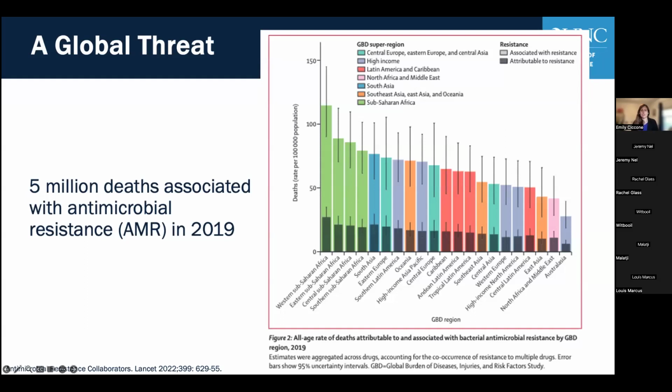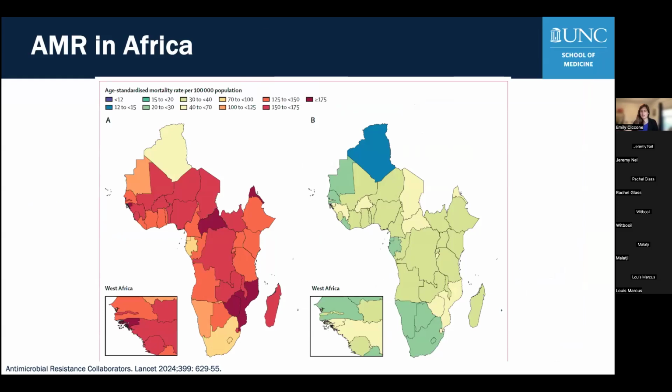And they noted that the highest rates were in green here, which is the different parts of sub-Saharan Africa, where they noted the highest rates of antimicrobial resistance, at least during this particular year. A sort of companion paper looked specifically at the WHO Africa region. On the left, again, is mortality associated with AMR. And on the right is mortality attributable to AMR.